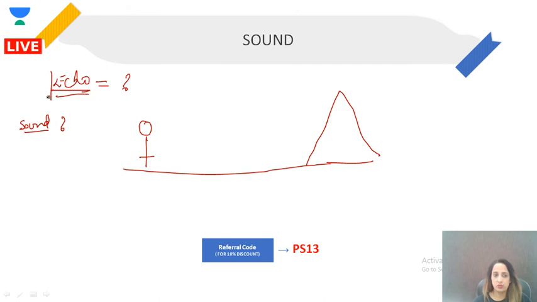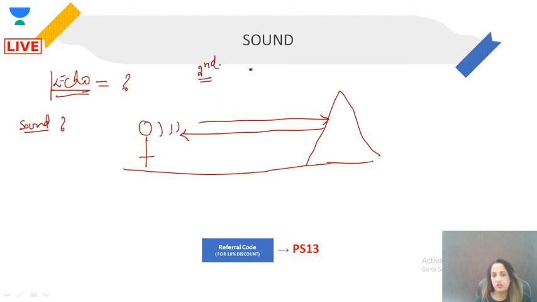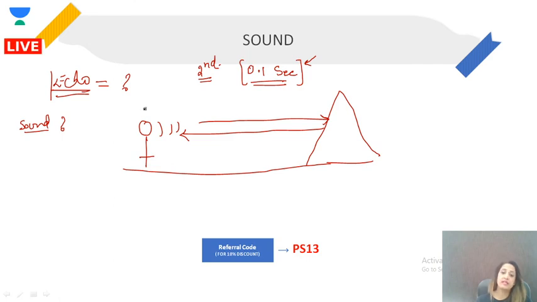That is called echo. What happens is, when you say something, the sound waves go, hit that building, and come back. Our brain can process a second sound only after 0.1 seconds. So this much time our brain needs to process a sound wave, and if the other sound comes to our ear after 0.1 second, then we hear it as a second sound. That is what we call echo.